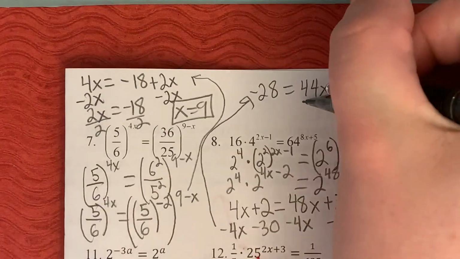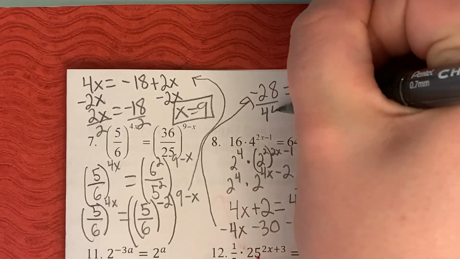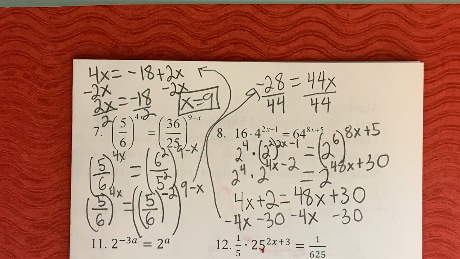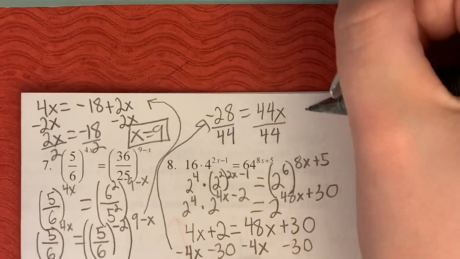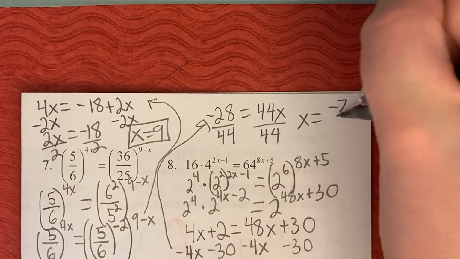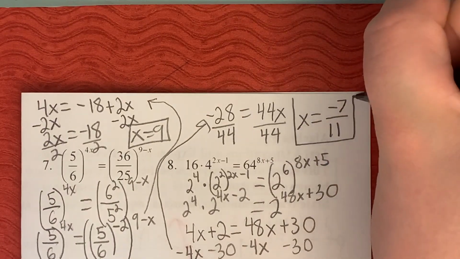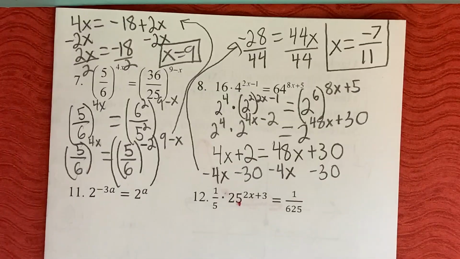Then we'll divide by 44. We can reduce that fraction because both 28 and 44 are divisible by 4. So negative 28 divided by 4 is -7, and 44 divided by 4 is 11. So our answer is -7/11.